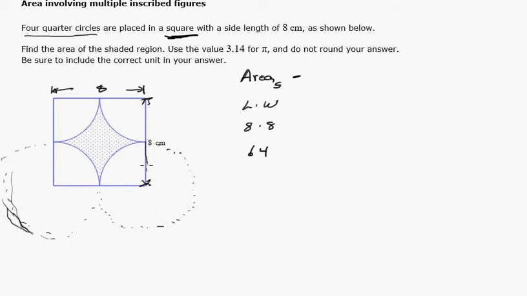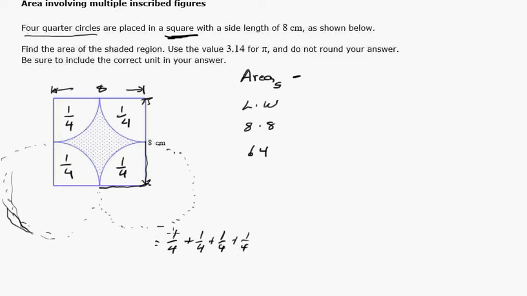So this area right here that we need to subtract off to take out of the square is 1/4 of a circle. And then we have to do it 4 times. We have to take 1/4 of a circle, 1/4 of a circle, and 1/4 of a circle. So I could put that in here, minus 1/4 of a circle, minus 1/4 of a circle, and do that 4 times. But what's 1/4 plus 1/4 plus 1/4 plus 1/4?